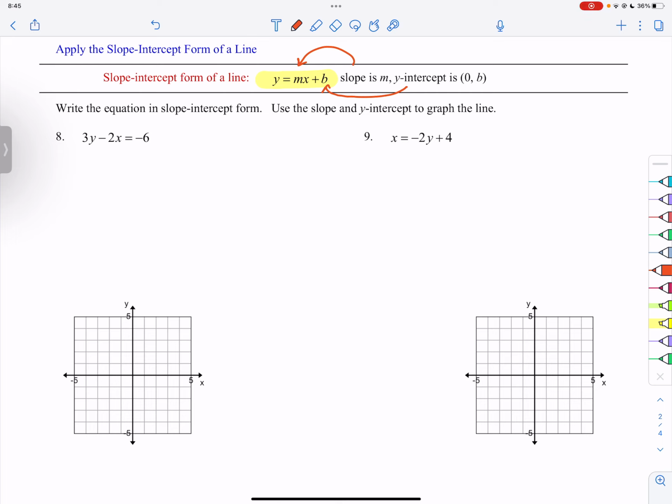So how do we do that? Let's solve for y. That is the easiest way to remember how to write the equation of a line in slope-intercept form. So to solve this for y, we're going to add 2x to both sides.